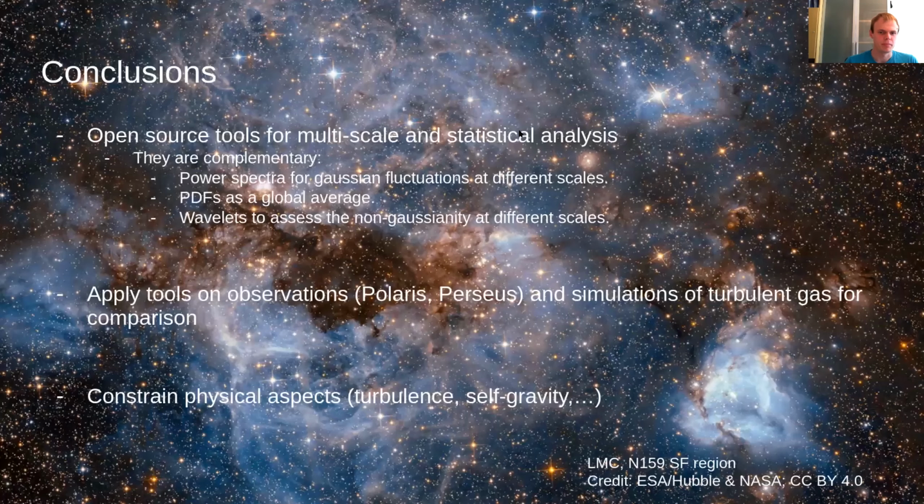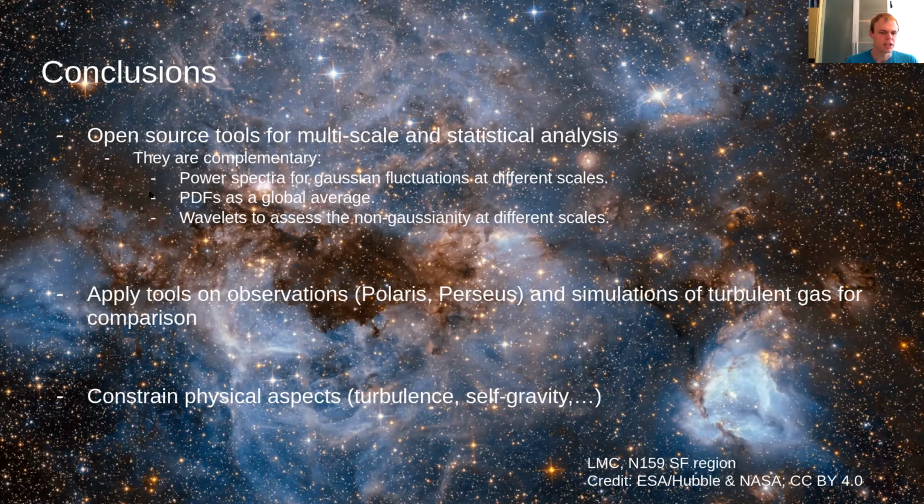So just to conclude what we did, we used different open source tools to perform multi-scale and statistical analysis, and all of these tools are complementary. You can use the power spectra to analyze the Gaussian fluctuations at different scales, or analyze the global average via the PDF.